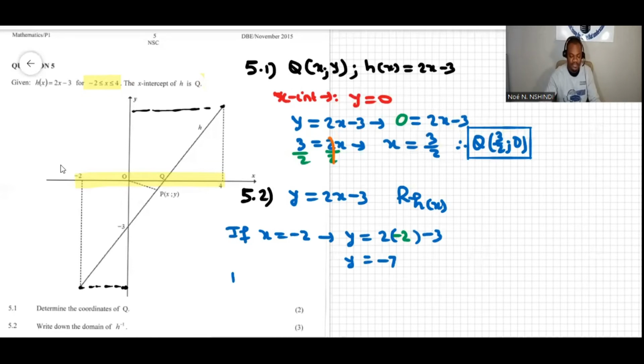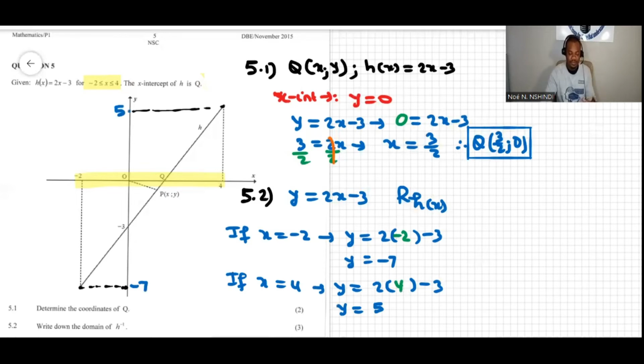And if x equals 4, y will be equal to 8 minus 3, that makes 5. So -7 is this point, and 5 is that point. Those are the range of h of x.